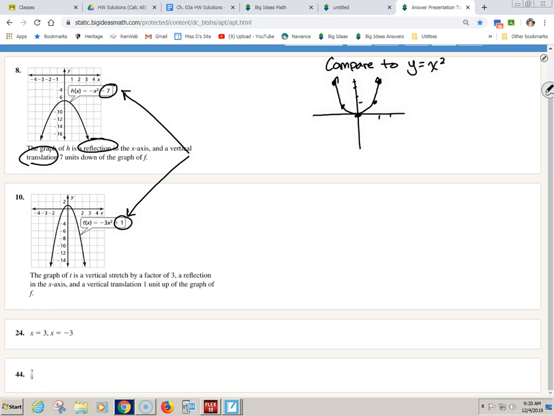For instance, if it says a translation 7 units down, okay, I see it, but look at the equation. There's a minus 7. And if this one says, well, wait a minute, it has a plus 1. Maybe before even graphing and doing a table, you can kind of get the idea there's a translation up 1. So if your graph doesn't shift up 1, well, you did something wrong.